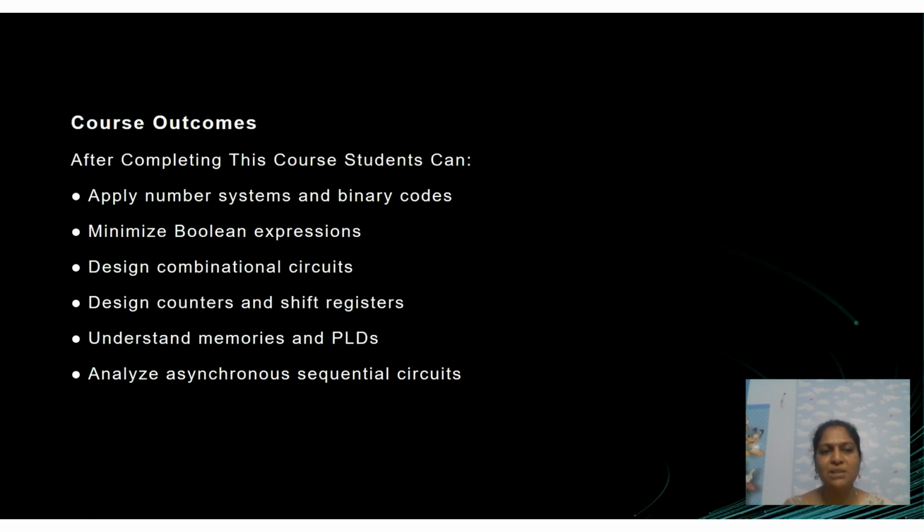Course outcome is nothing but what the student can do after completing. So once completing this digital electronics course, the student will be able to apply number systems and binary codes, minimize Boolean expressions, design combinational circuits, design counters and shift registers, understand memories and PLDs, analyze asynchronous sequential circuits.